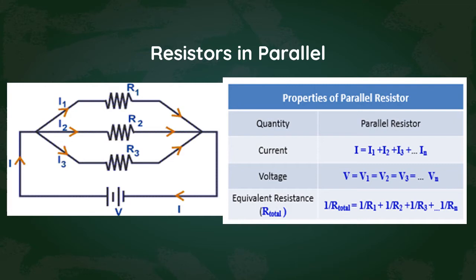And the equivalent resistance, or R total, of your resistors in parallel connection will be: 1 over R total is equal to 1 over R1 plus 1 over R2 plus 1 over R3 and so on. So those are how we can solve for the quantities when resistors are arranged in parallel.